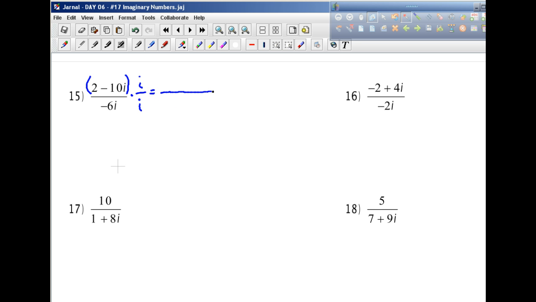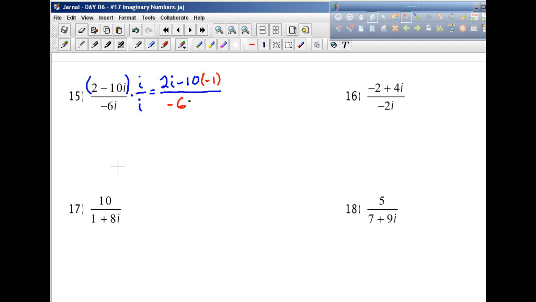So the top we're going to get 2i minus 10, and then what should I put? i times i, negative 1.